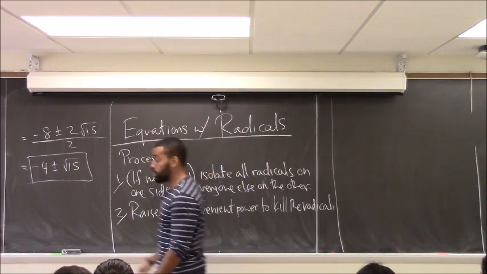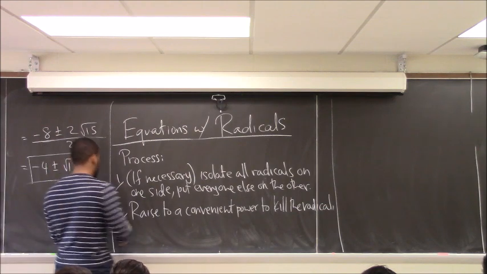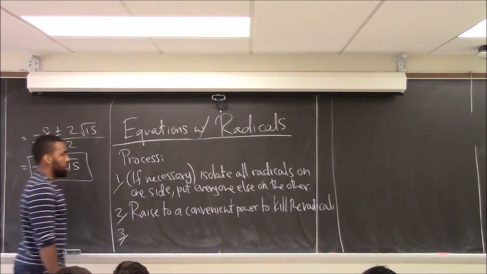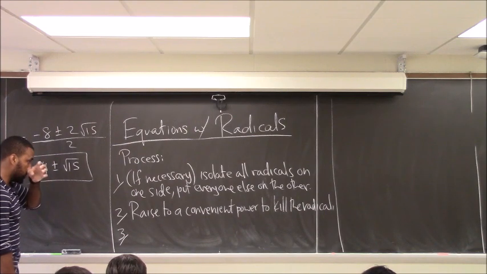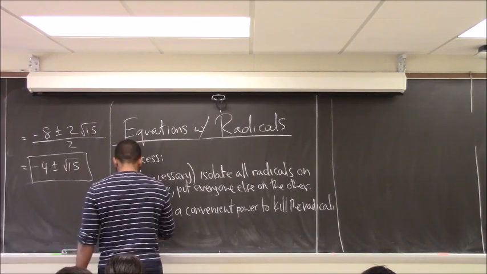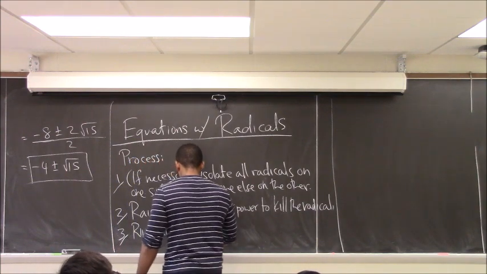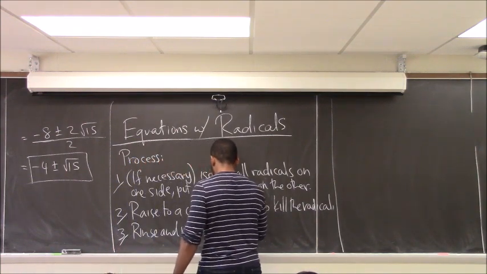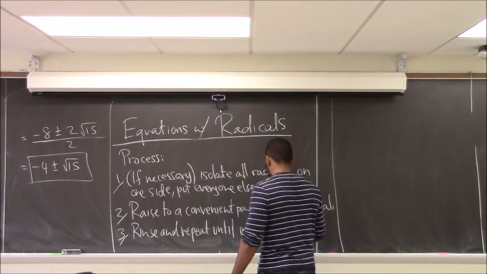If there's a cube root, cubing both sides would be convenient. Raise both sides to the 3rd power. 3, not all of them will actually succumb to doing this once. So rinse and repeat as necessary, until all radicals are gone.